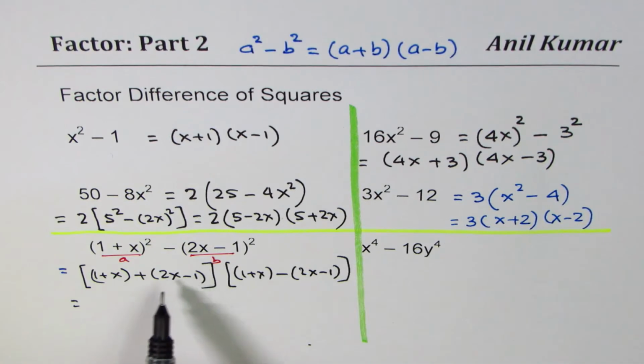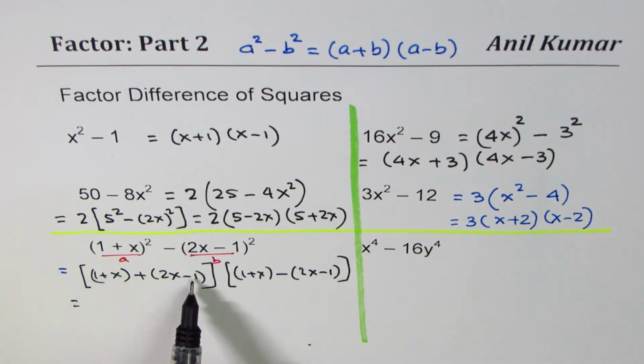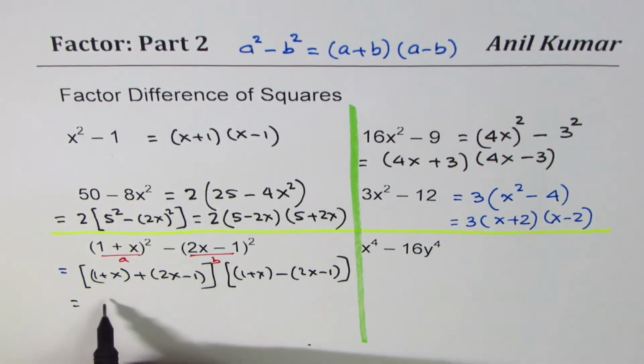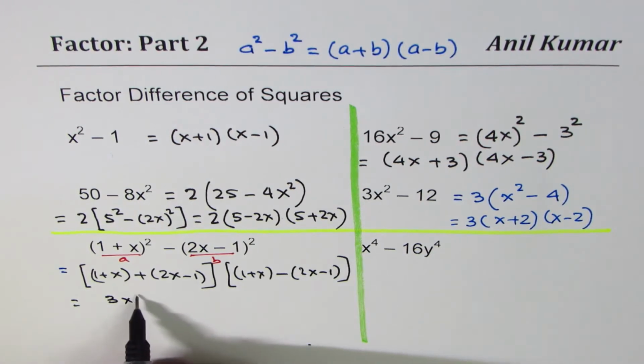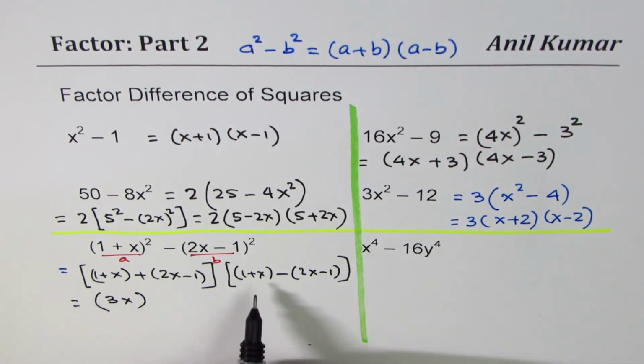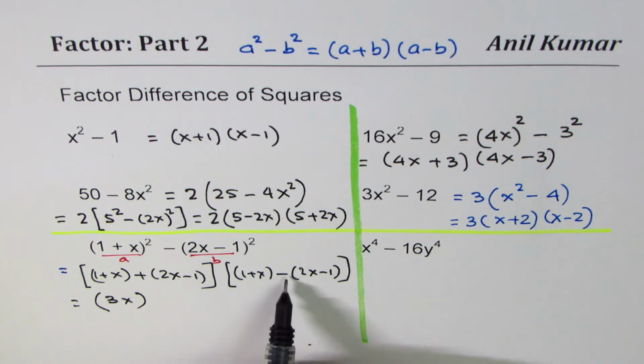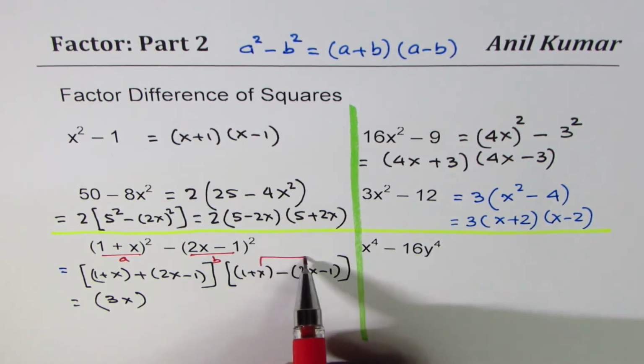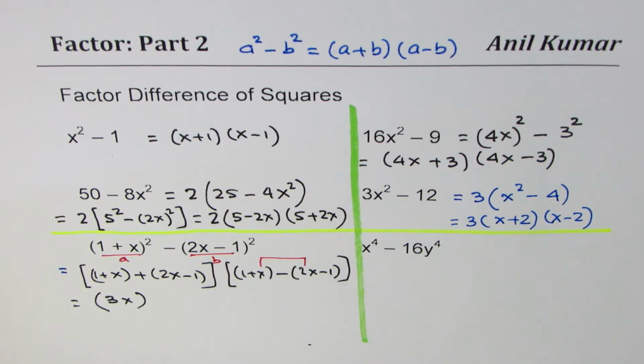Now we can combine the terms. 1 minus 1 is 0, x plus 2x is 3x. So we get 3x from the first term, right? Let me write these brackets. Here, x minus 2x, if you combine these two, then you get minus x, correct?